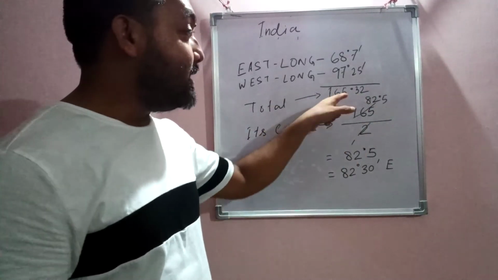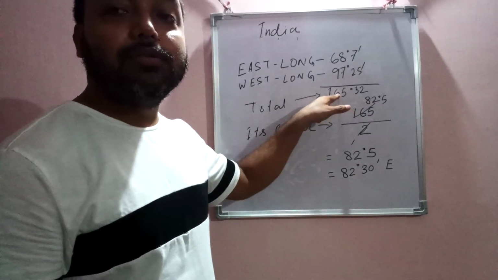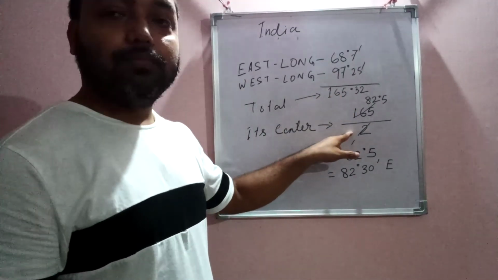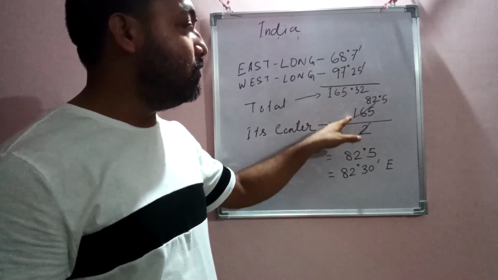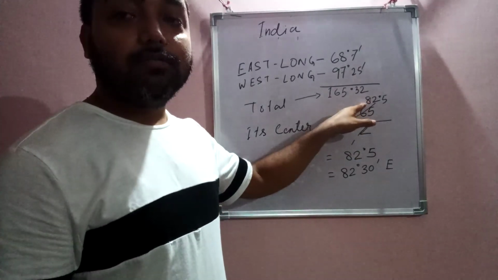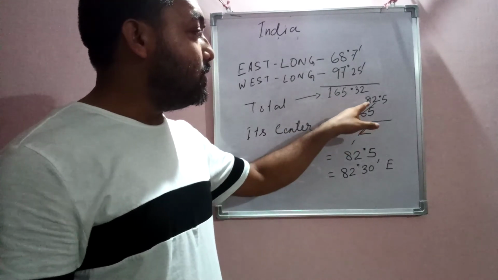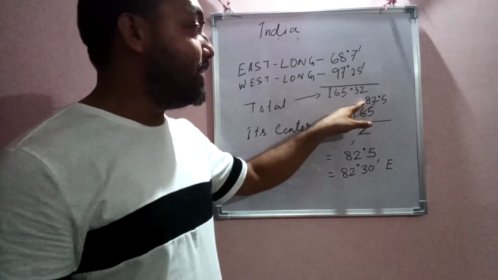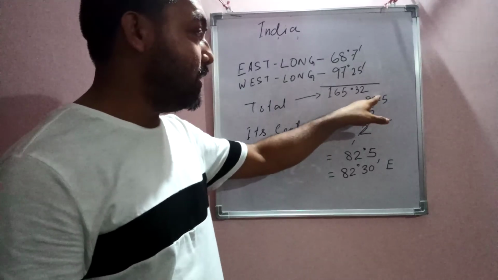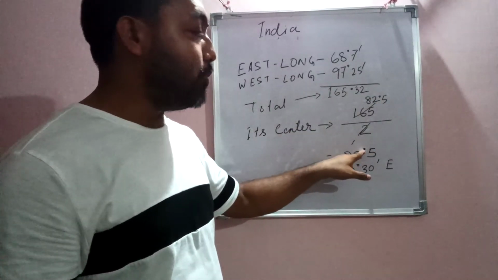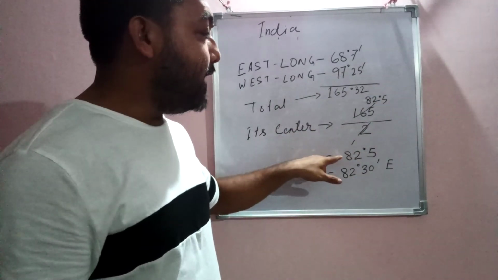Now to find the center of this 165, we need to divide it by 2. When we divide by 2, we get the center, that is 82.5. Here this is not degree, this is a point.